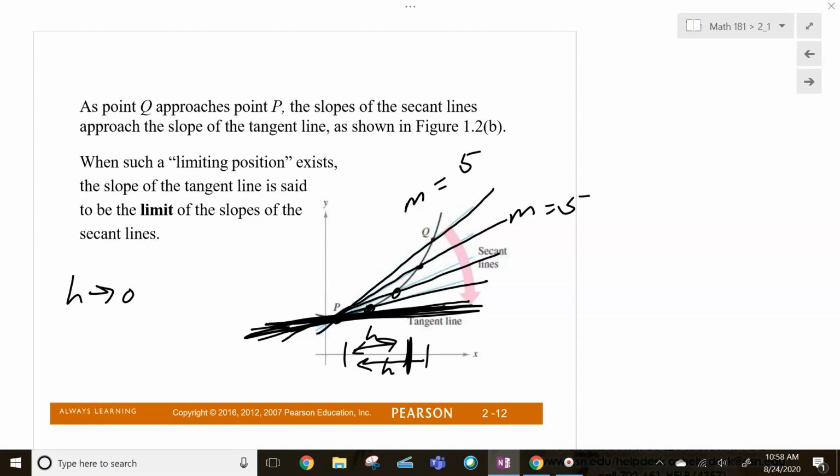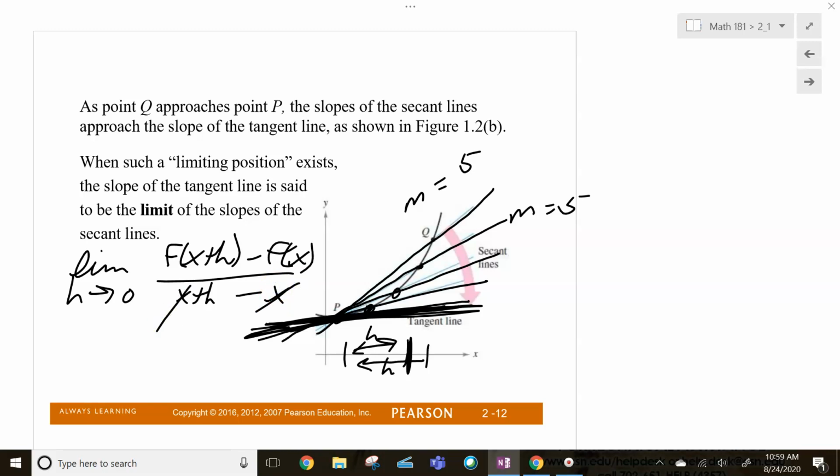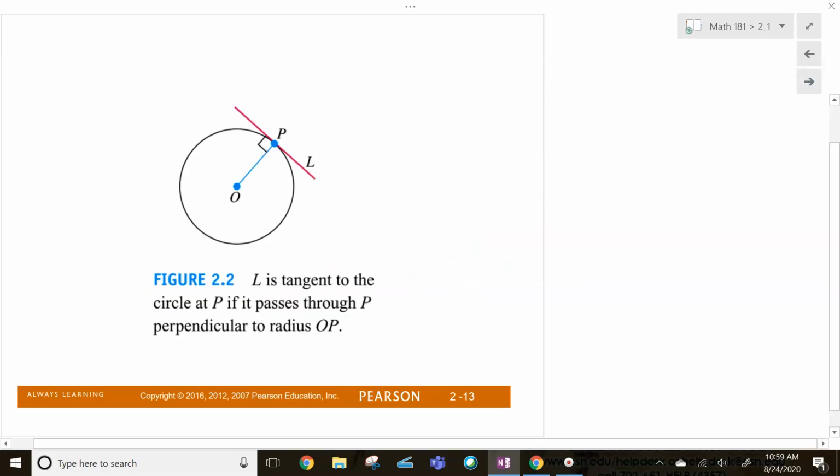And we call that a limiting process. We're taking the limit as h goes to 0 of y2 minus y1 over x2 minus x1. And that's your slope of the tangent.